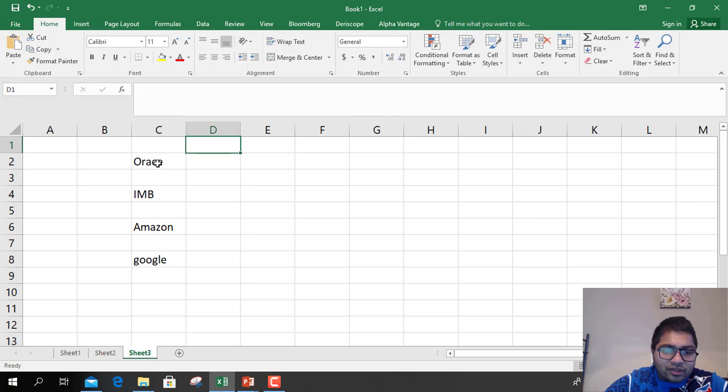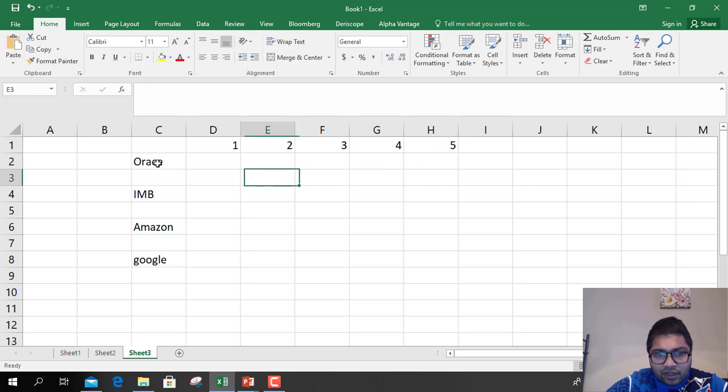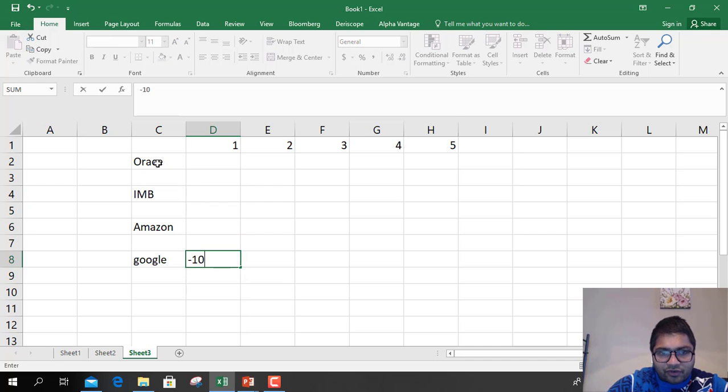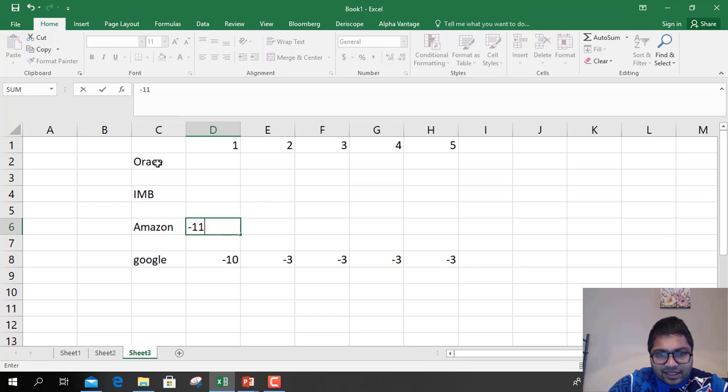Okay, and you want the cloud platform for the next 5 years. Now Google is the cheapest, so it has a cash outflow of 10 million, but the maintenance cost is higher. Amazon is in between, so it is 11, but the maintenance cost is a little cheaper.